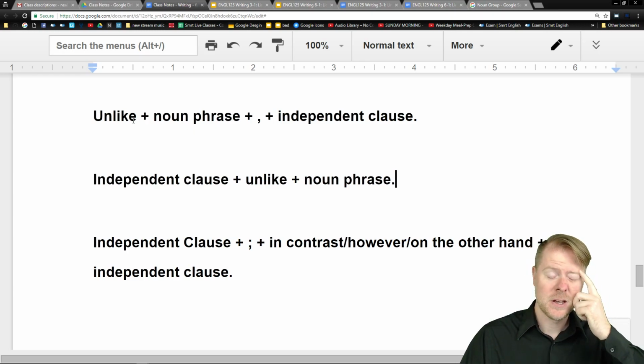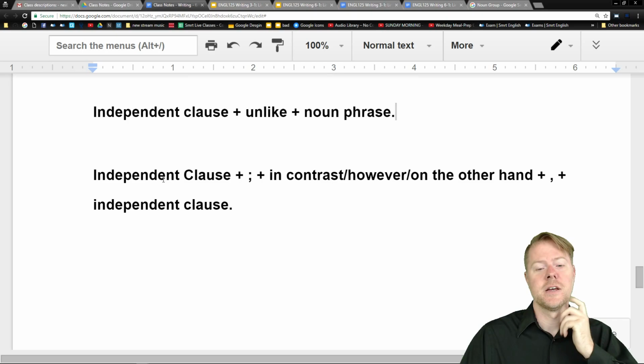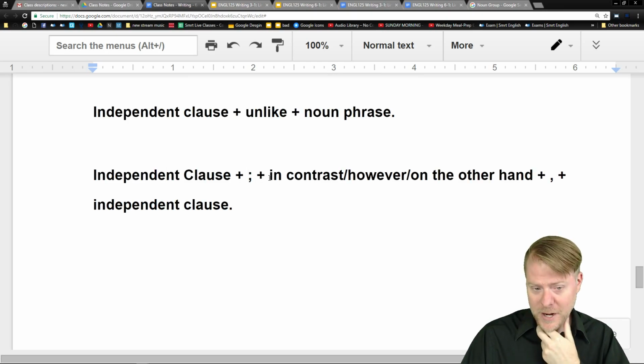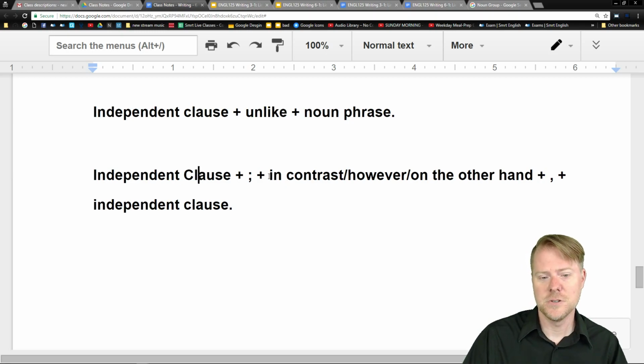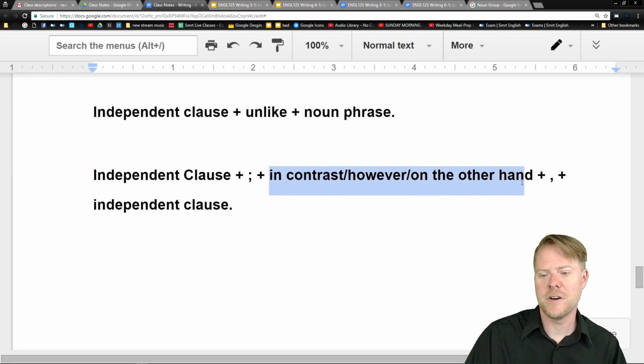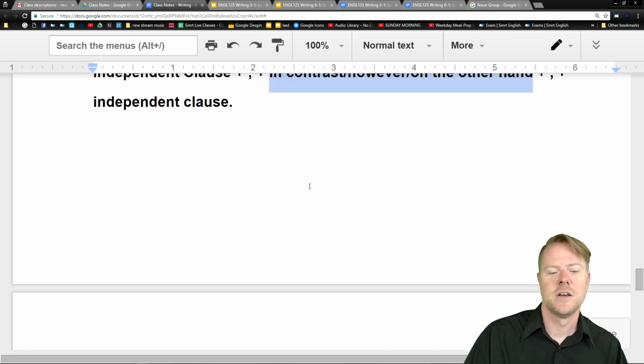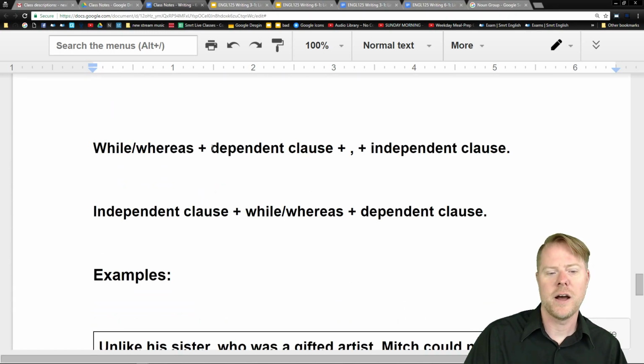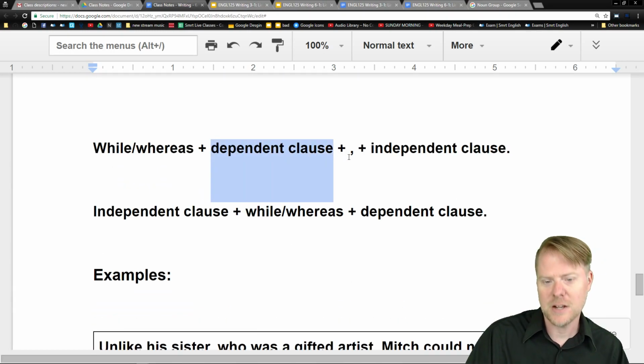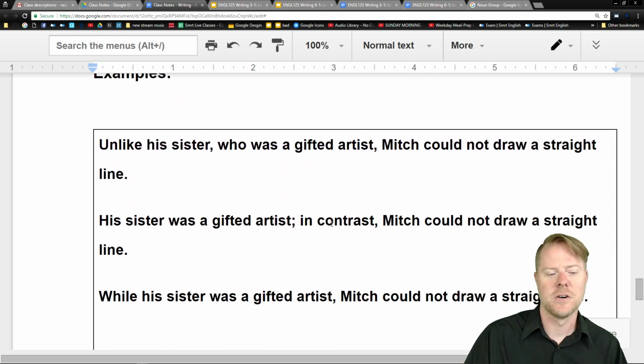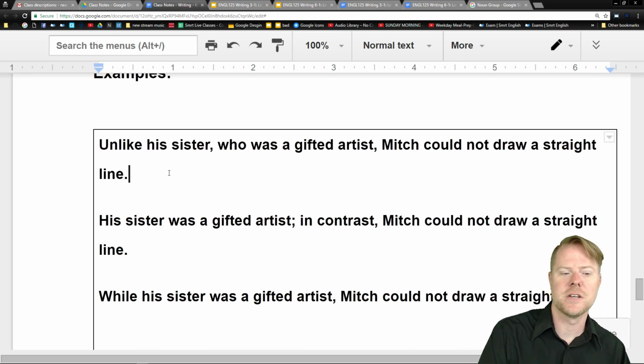So "unlike" will be used with a noun phrase. Independent clause, semicolon: this is where you divide the two independent clauses, and you use this with "in contrast," "however," and "on the other hand." And then finally, "while" and "whereas" will be attached to a dependent clause, then a comma, then an independent clause.